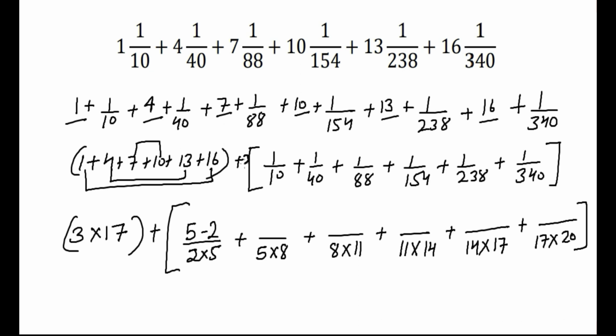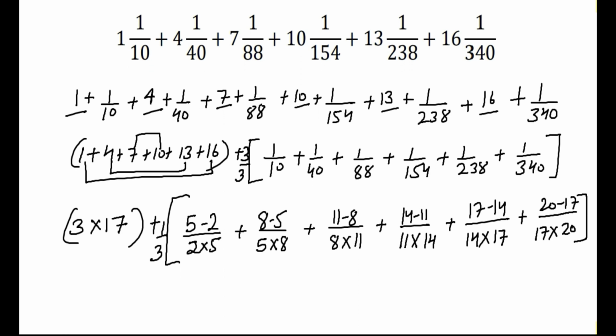So what I can do here is multiply by 3 up and down, with the 3 outside the bracket, so that everybody inside will get 3, and the denominator 3 will be kept outside, and the numerator 1 will go inside, making everybody a 3. Because you see here, 8 minus 5 is also 3, 11 minus 8 is also 3, 14 minus 11 is also 3, 17 minus 14 is also 3, 20 minus 17 is also 3, right?